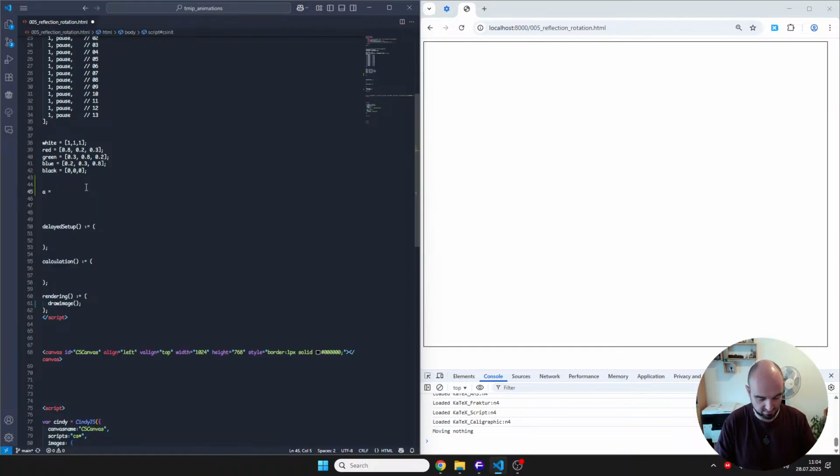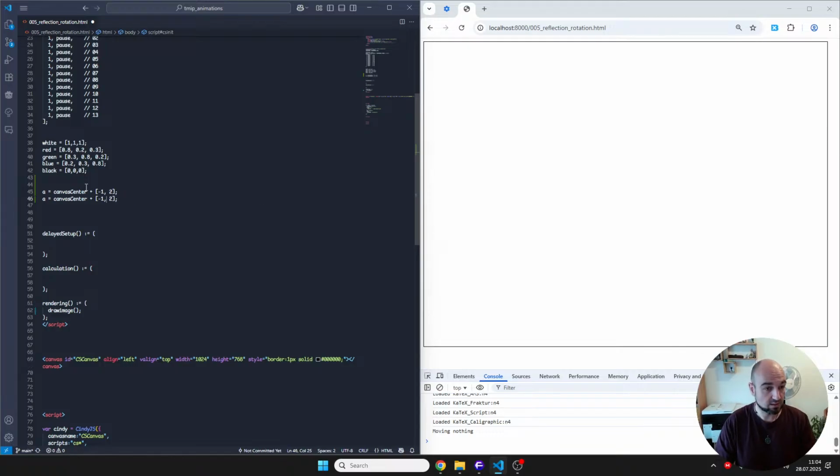So A is, I want to have the canvas center as the center of our operation. We go a little bit up and a little bit to the left. So maybe something like this. And something like this as our second anchoring point.